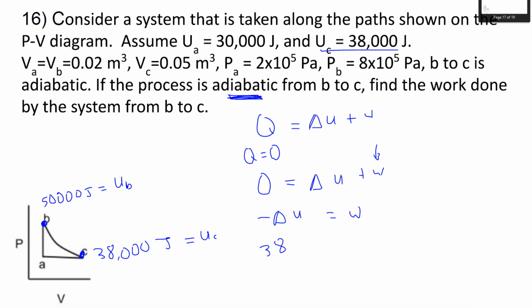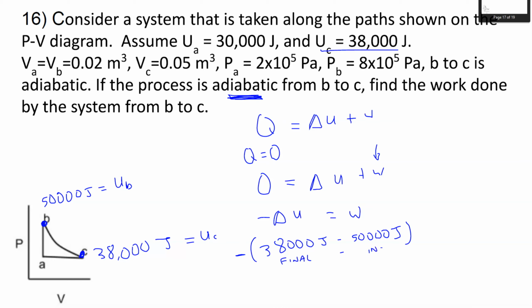If I end up at 38,000 joules, and I started at 50,000 joules, that would be my delta U. I had this little negative sign in front right there. That was from the formula. I want to do the final minus the initial here.